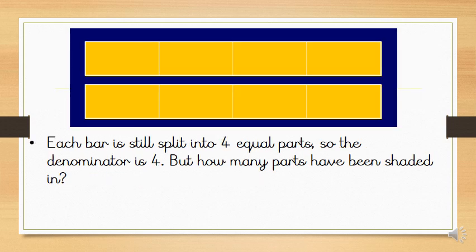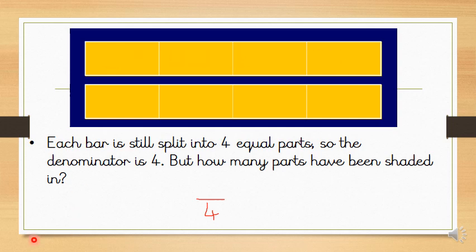But what about this? Each bar is still split into 4 equal parts. So we know the denominator is 4. But how many parts have been shaded in? Because now we've got 2 bars and both have been split into 4 parts. And each part has been shaded in. So let's count how many parts we have. 1, 2, 3, 4, 5, 6, 7, 8.